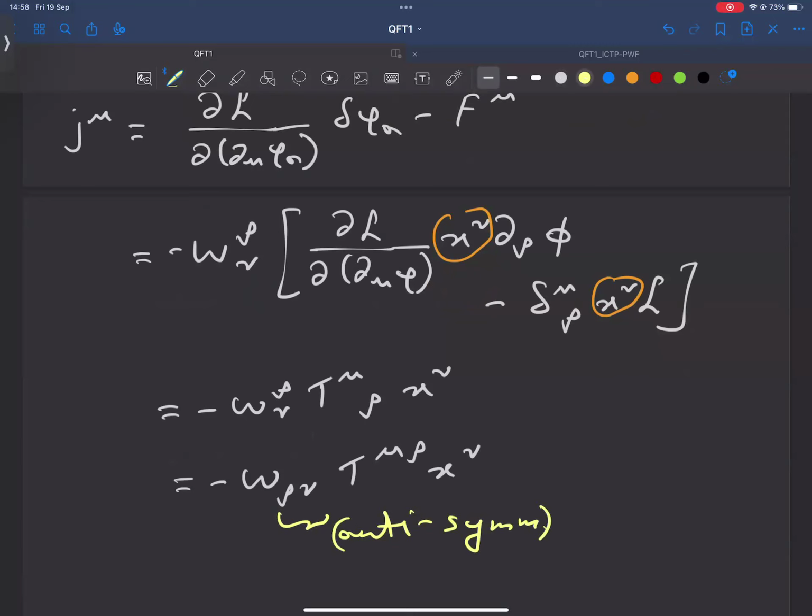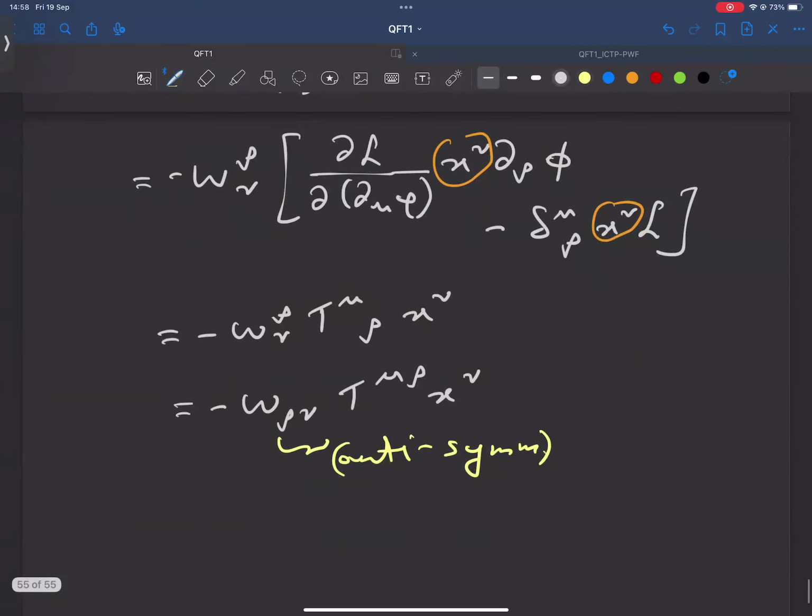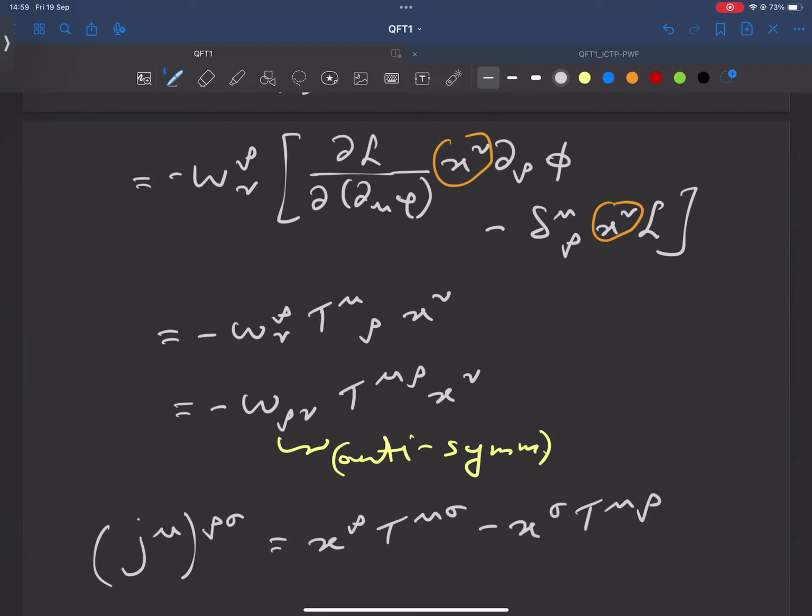So this is antisymmetric in rho nu. So this means you can now write down a current J mu rho sigma, which is x rho T mu sigma minus x sigma T mu rho.